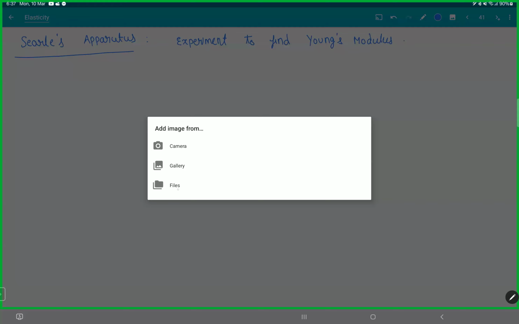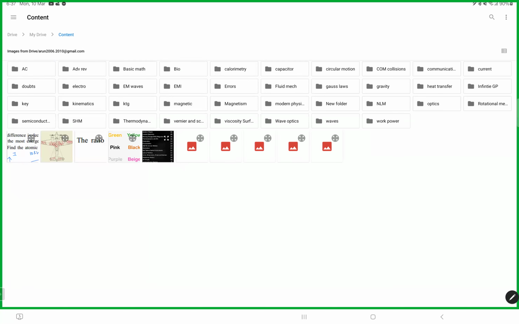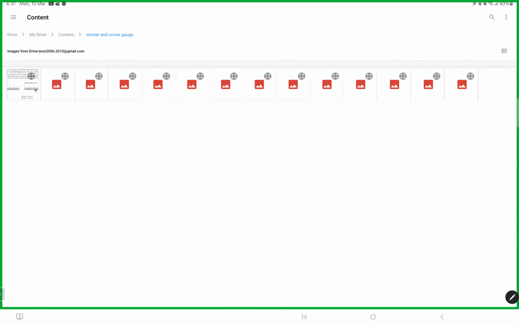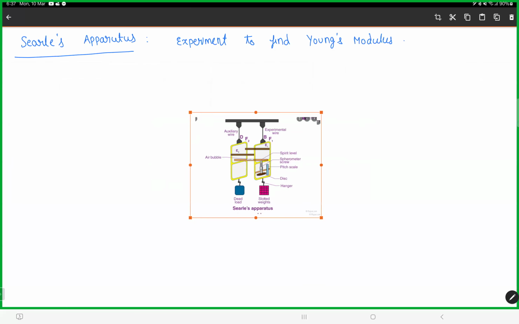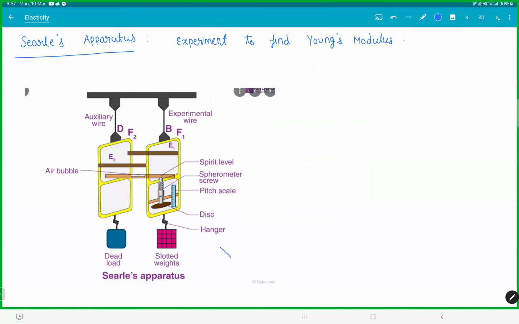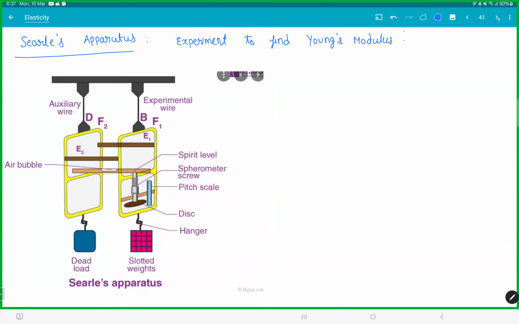So this is how the setup looks. Let me just explain the setup here.